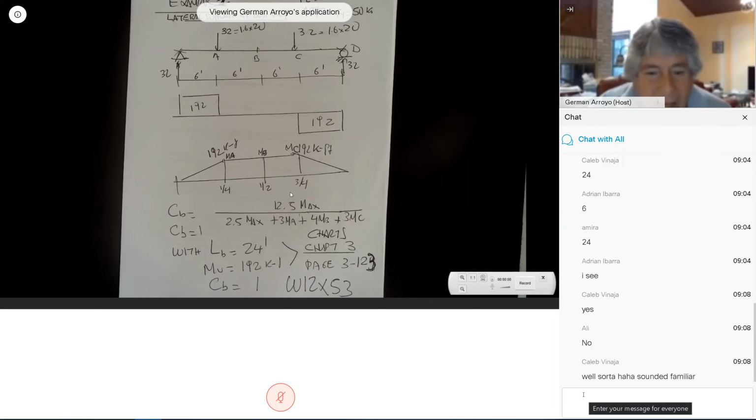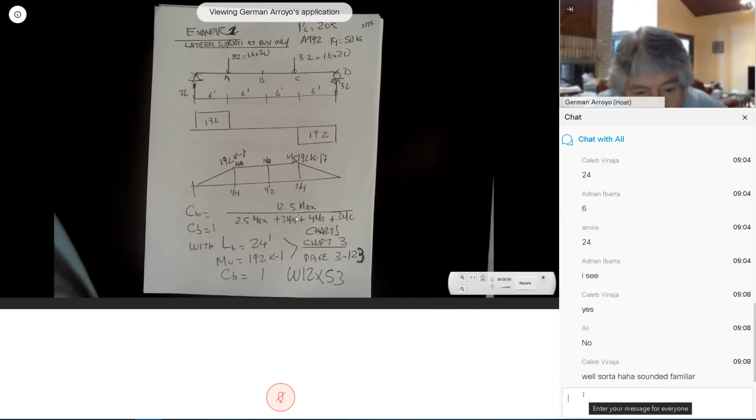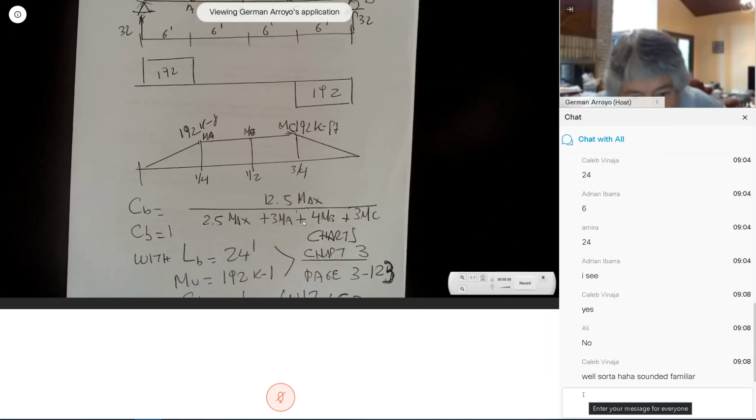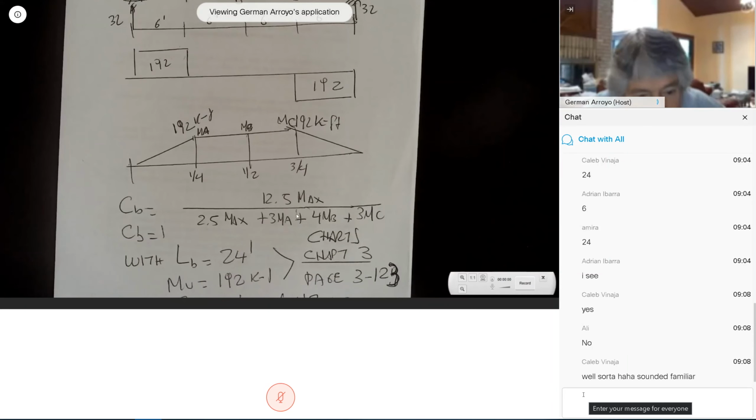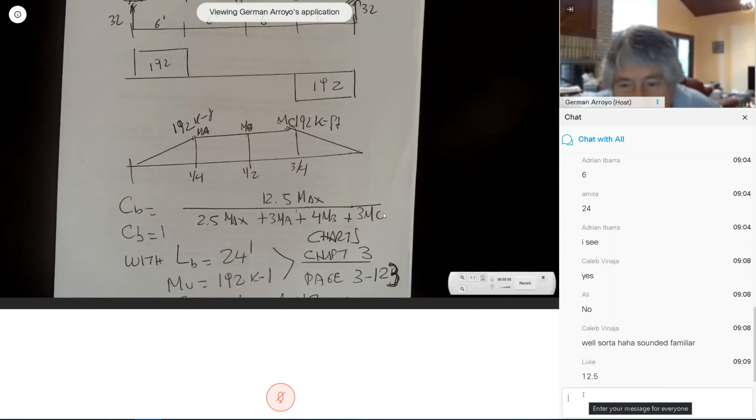When you put this into this equation, all of them are the same value. So if you add 2.5 plus 3 plus 4 plus 3, what do you get? If you add all of this, in the moment they're the same. What do you get here at the bottom? 12.5. 12.5 on the top, C sub B equal to 1.